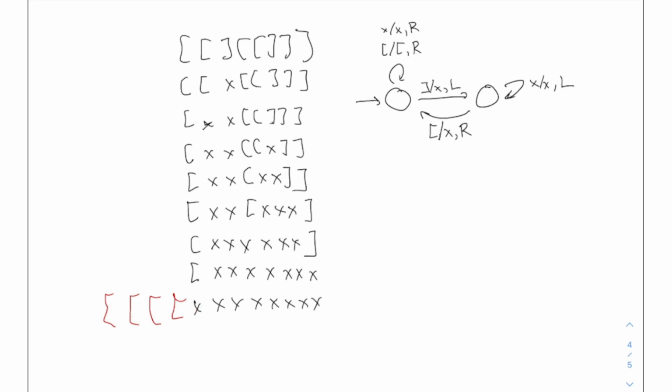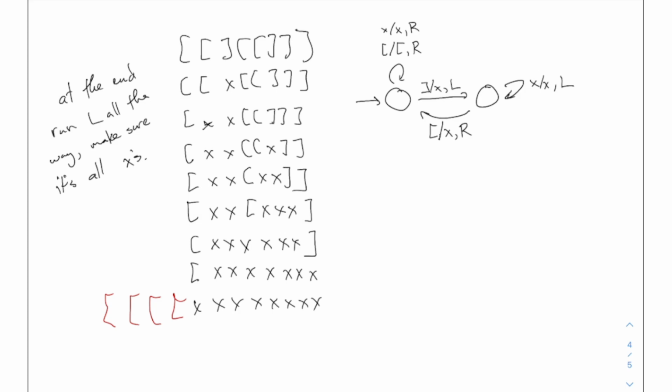So we require one little cute thing at the end. I'm going to try and write in words what we have to do. At the end, run left all the way and make sure it's all X's. You don't want extra leftover left brackets.